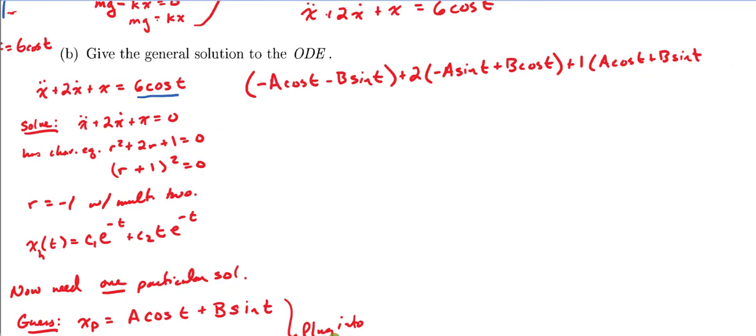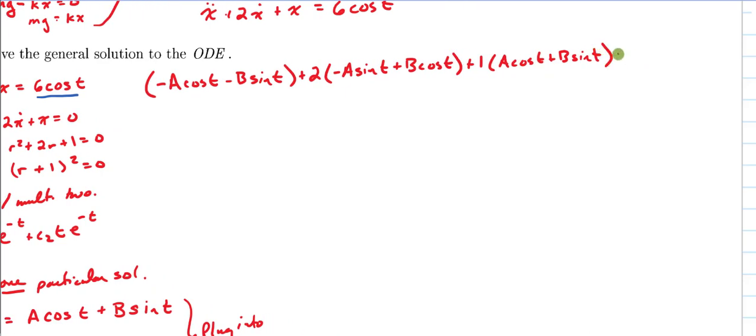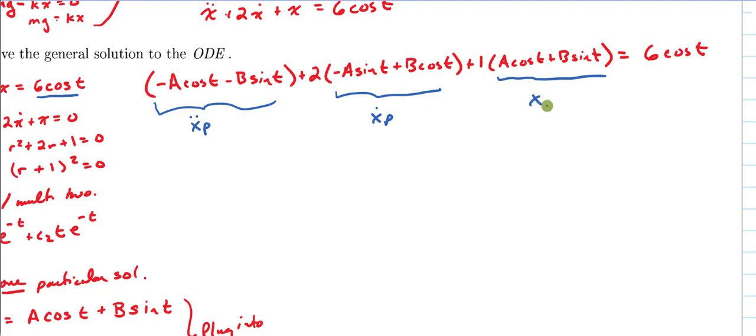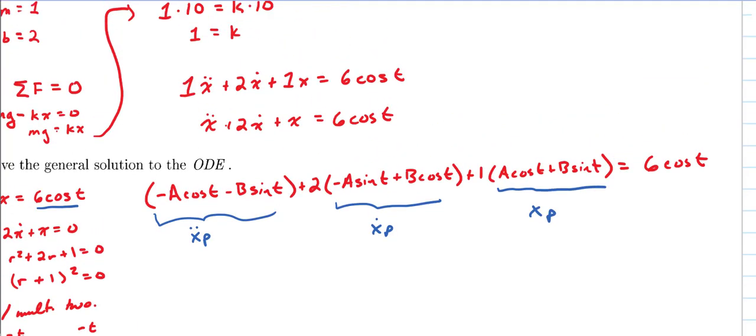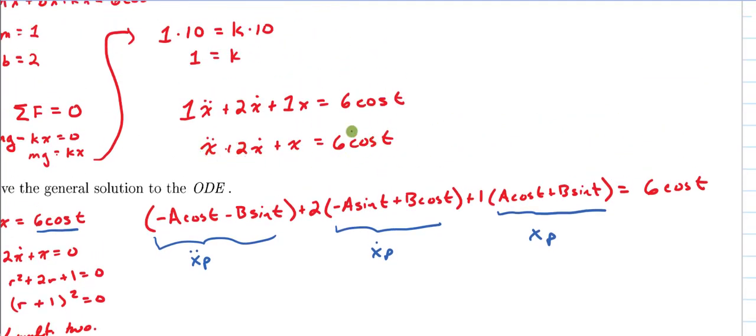And this needs to equal 6 cosine of t. So that looks like just an absolute mess, but this is my x_p double dot here, this is my 2 x_p dot, and this is my x_p, and that fits with the original ODE that we set up, that you can see right here.